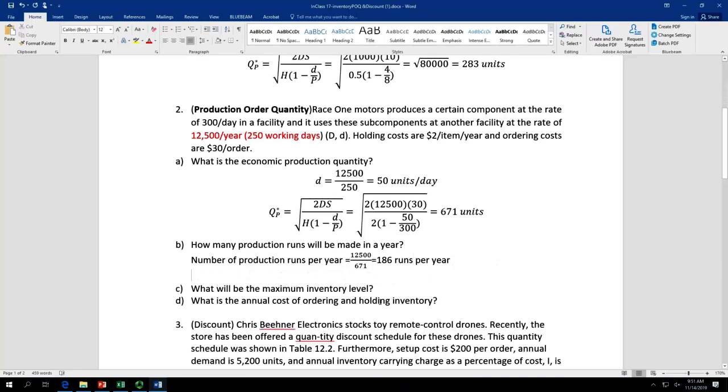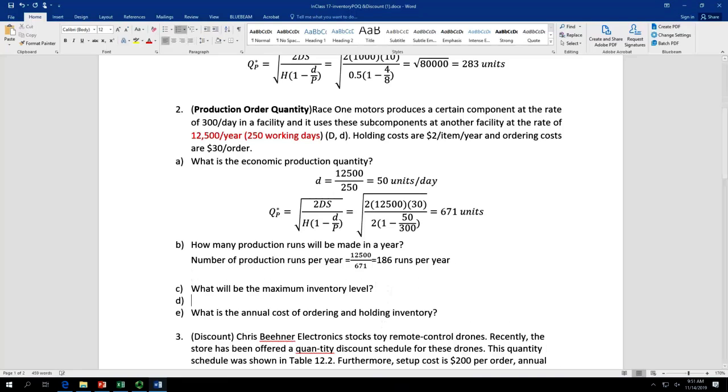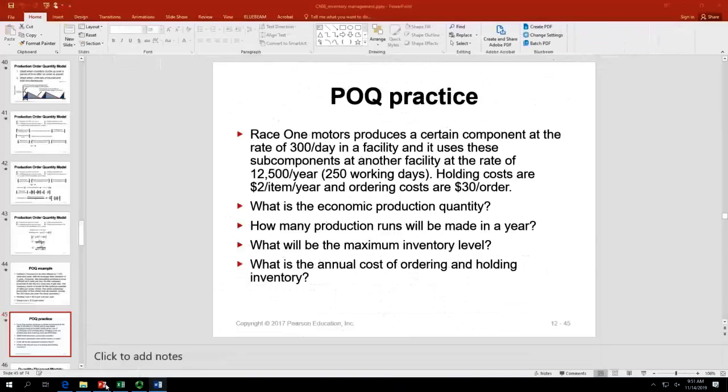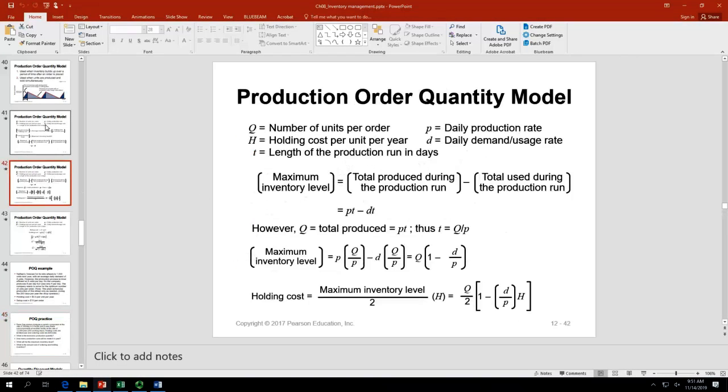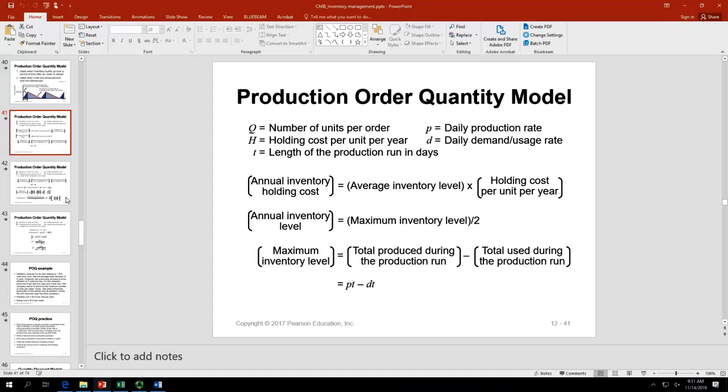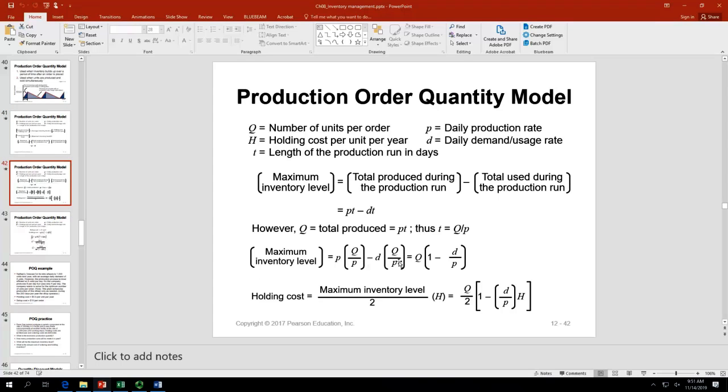Then what is the maximum inventory level? So this one, we need to go back to see what is the maximum inventory level. Maximum inventory level equals capital Q times 1 subtract D over P, because this is your maximum inventory level.